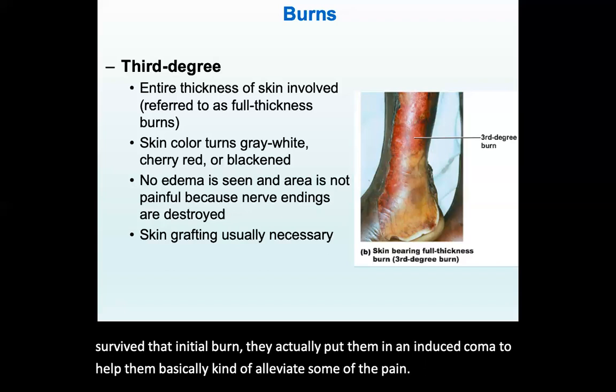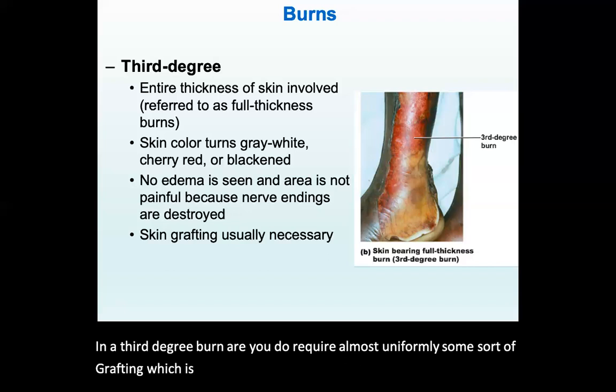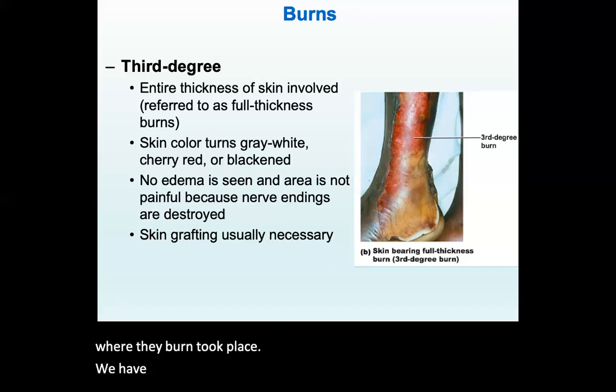In a third degree burn, you do require almost uniformly some sort of grafting, which basically means taking a piece of skin and placing it where the burn took place. We have what we identify as allografting.